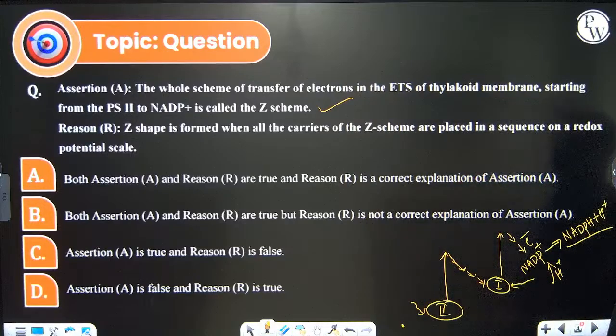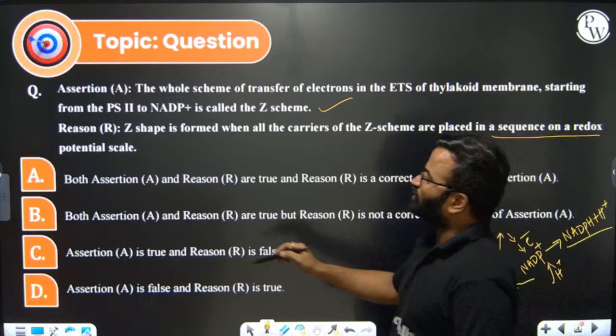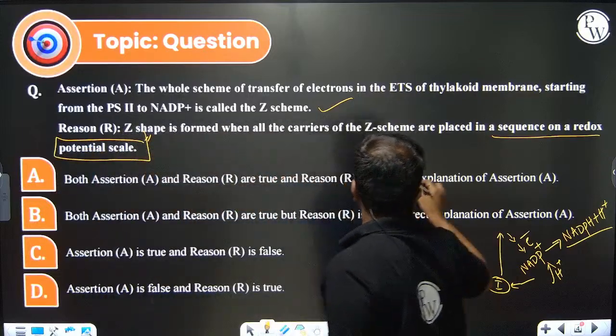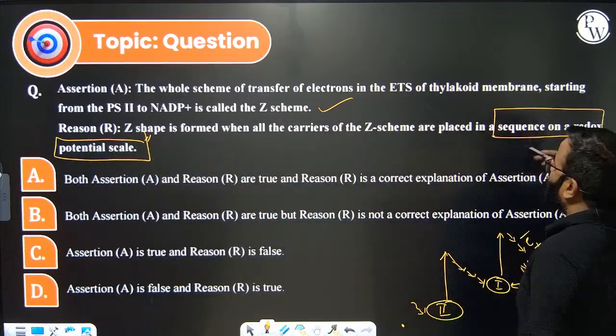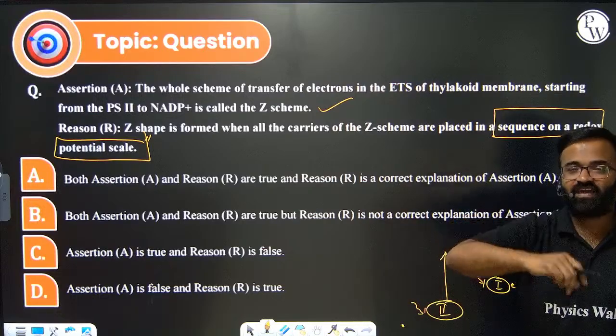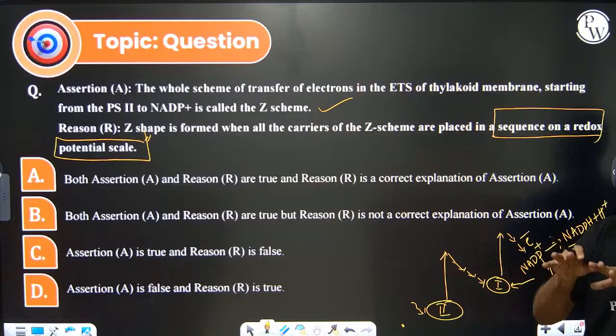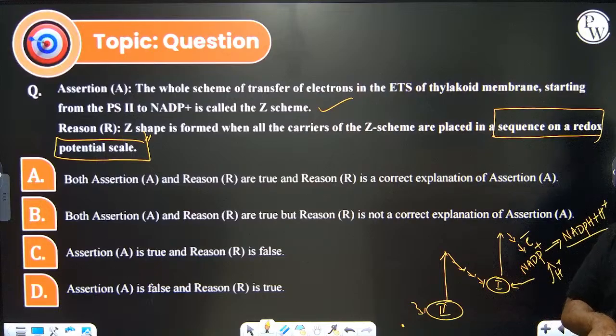Z shape is formed when all the carriers of Z scheme are placed in a sequence on a redox potential scale. So this is very, very important. When you place these on a reduction potential scale, then a typical Z scheme is observed. In reality, there is nothing as Z scheme within the chloroplast.